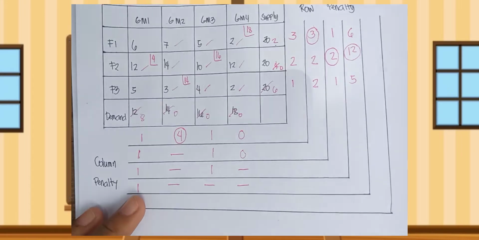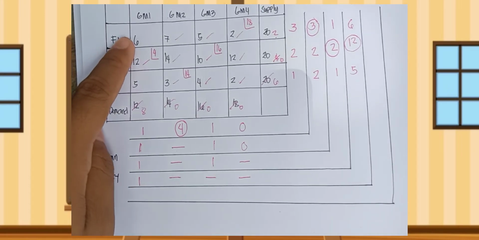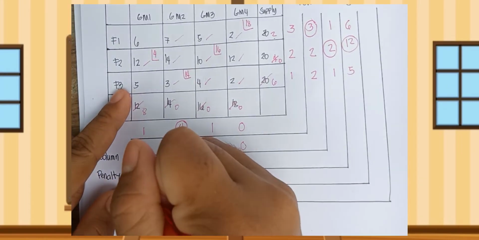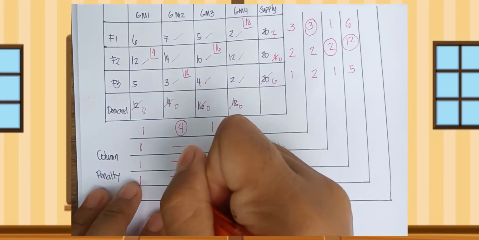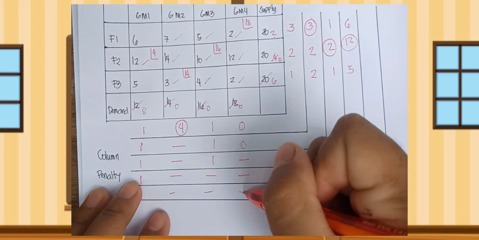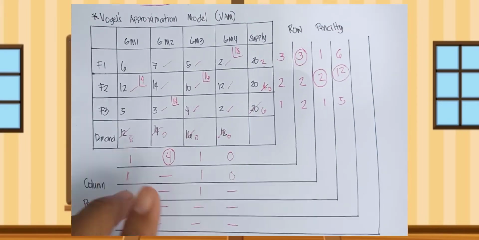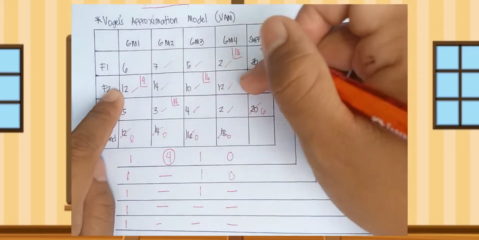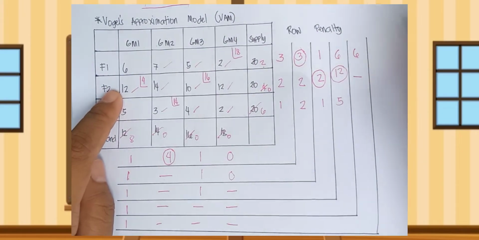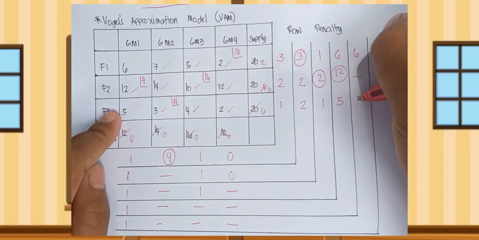Then next, do it again. So we have 6 and 5. So it's 1, then satisfied. So hyphen, hyphen. Then we have 6. Then this row is satisfied. So hyphen. And then 5.